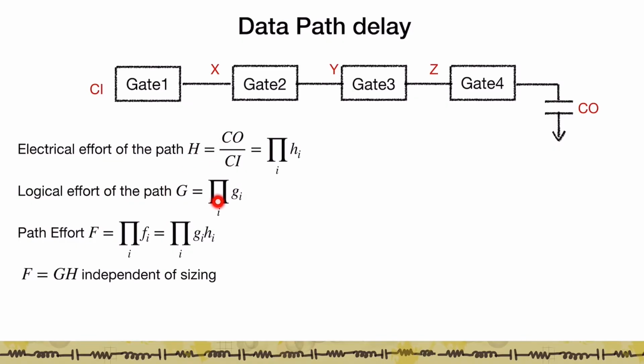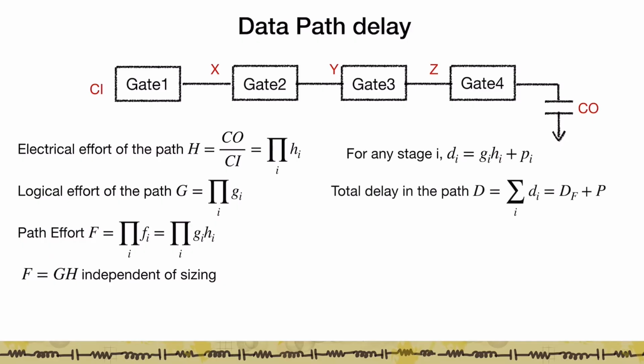Similarly, we just discussed at the beginning of this talk that the logical effort of the gate is also independent of sizing, which means the path effort is essentially independent of sizing. The path effort depends only on the electrical effort of the path.